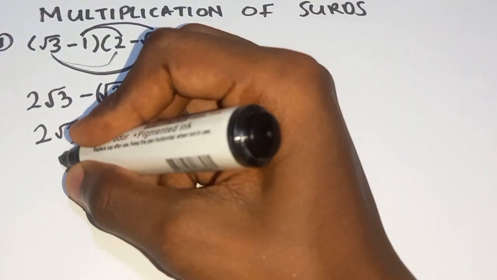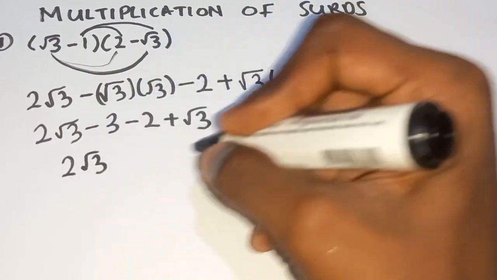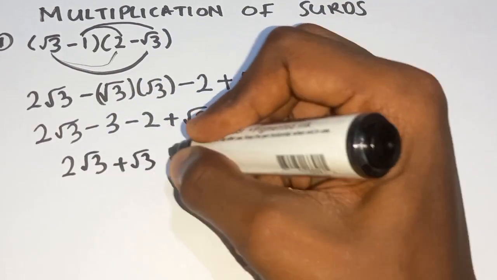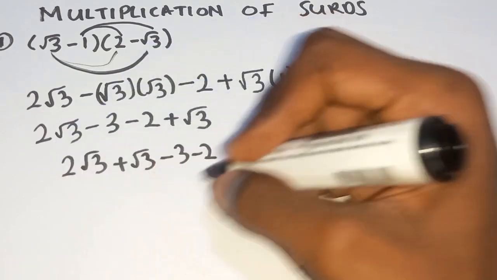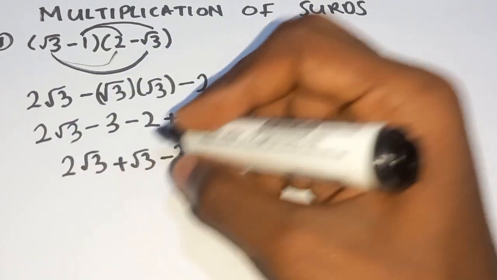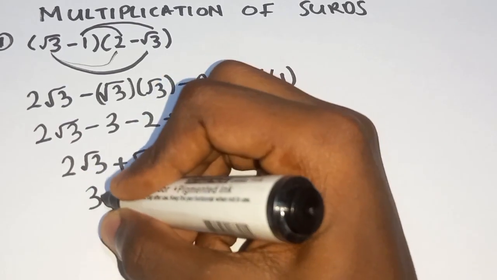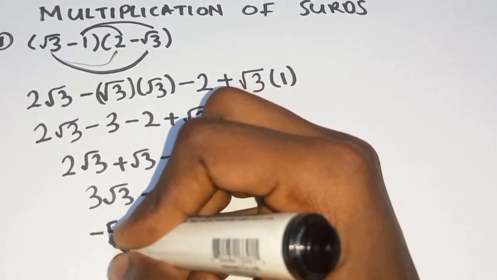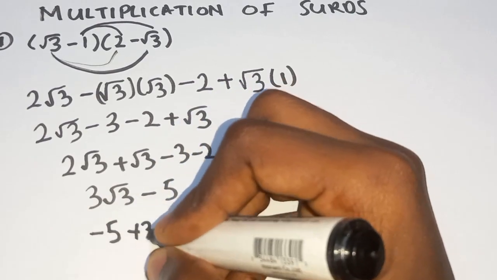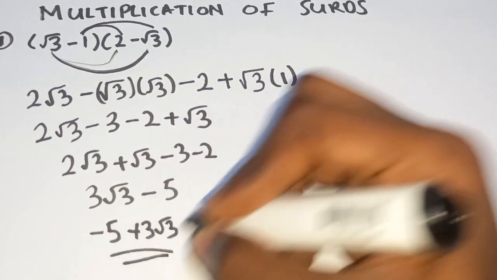So it will be 2 root 3 plus root 3 minus 3 minus 2. Like terms. Are you guys getting it? So then we get this minus 5. Bring the 5 here to make it more presentable.